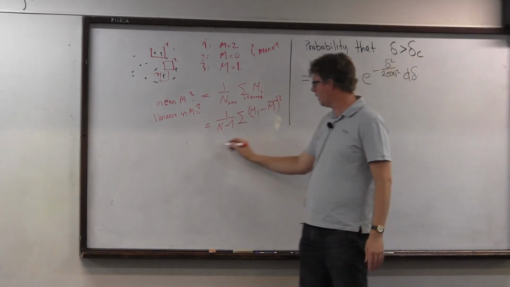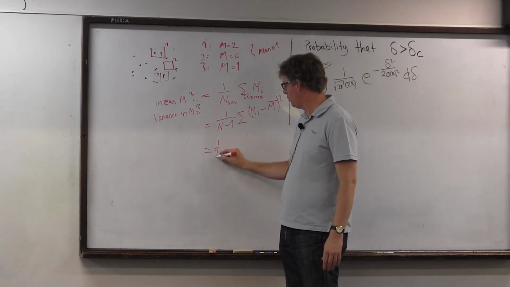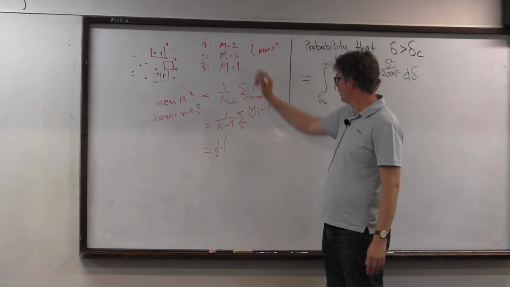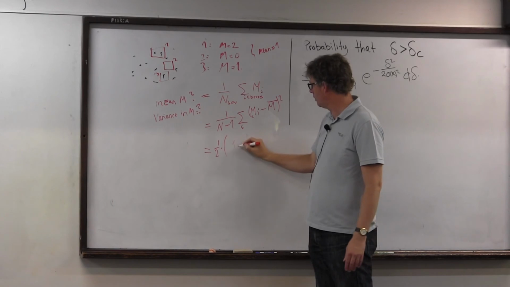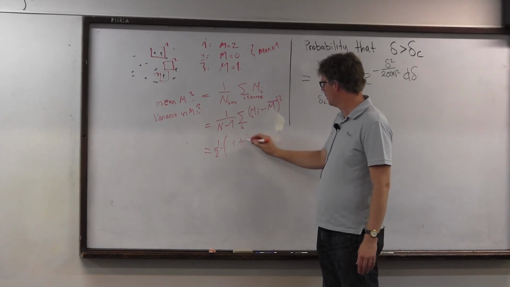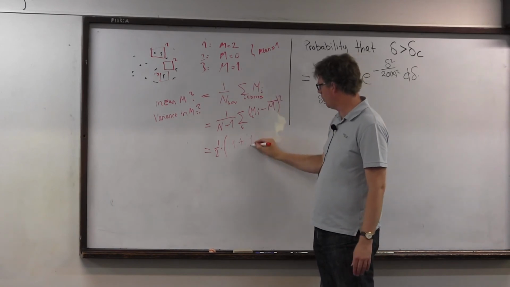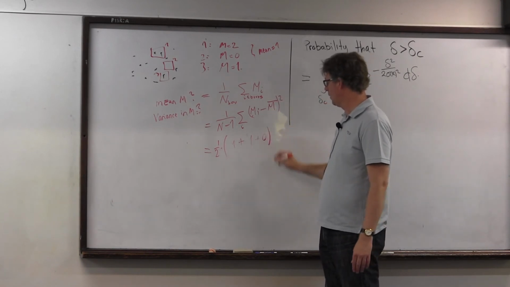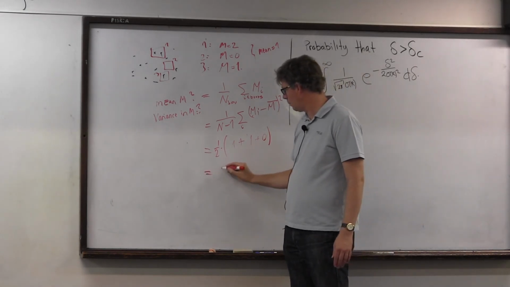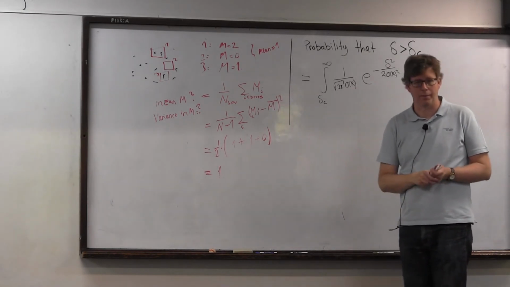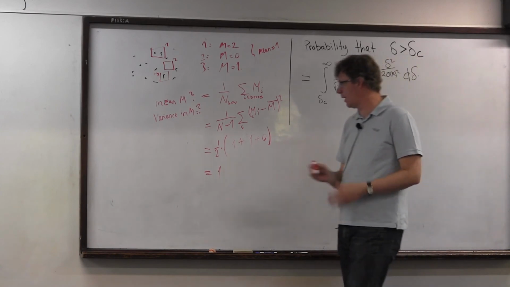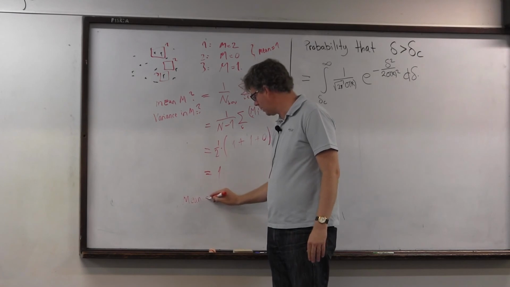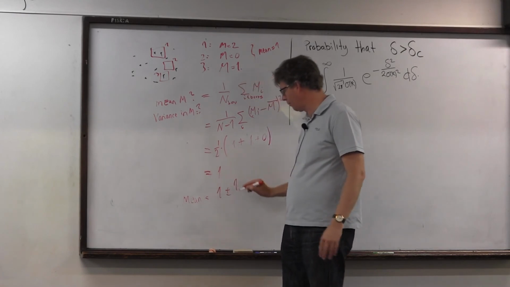And so in this particular case, this is half times 2 minus 1, so that's 1, plus 0 minus 1, that's 1 again, plus 1 minus 1, which is 0, and we get 1. And so then we would then say that the mean is 1 plus or minus 1.